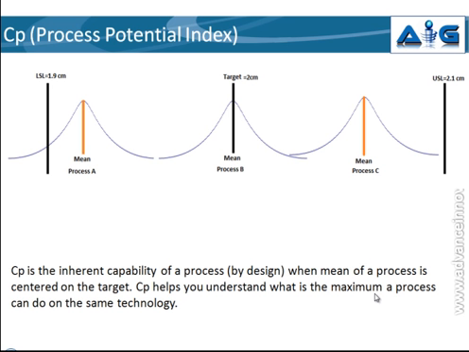Now assume in picture A that my process mean lies somewhere around LSL. It's off the target. In process B, the mean of my process lies exactly on the target, and in process C, the mean is again off the target, but now toward USL.